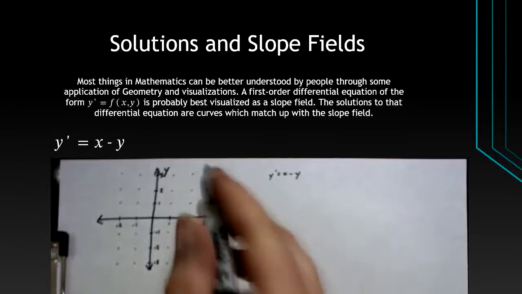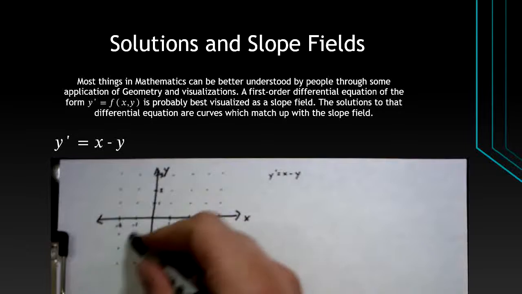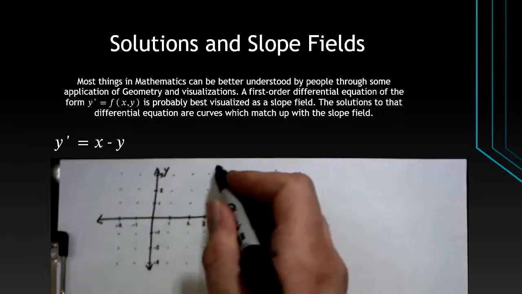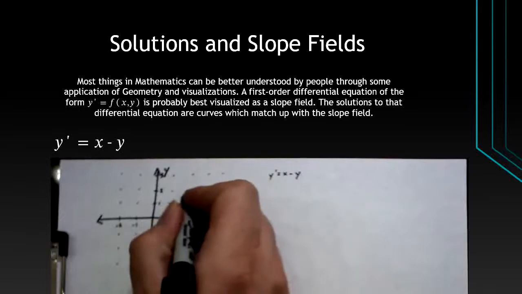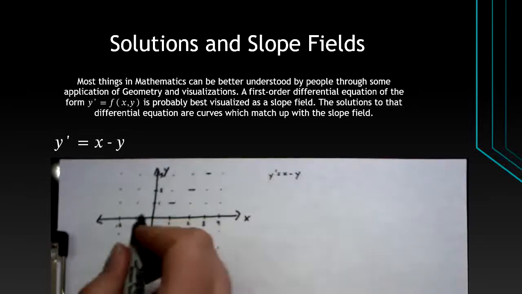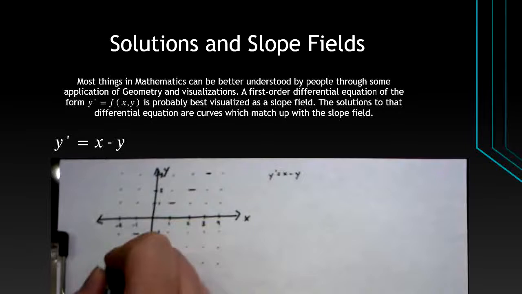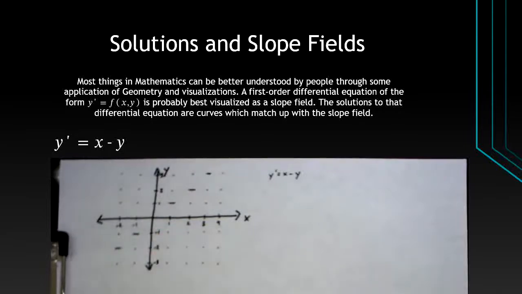And so on the line x equals y, which goes up like this, we can create little line segments of slope 0, that is to say, they are horizontal on that line. This, by the way, is called a method of isoclines, or a nullcline. What we just drew is a nullcline. These are locations that all have the same slope.